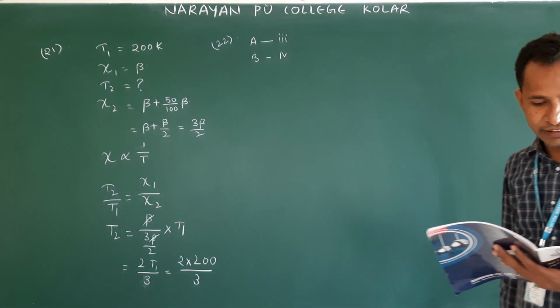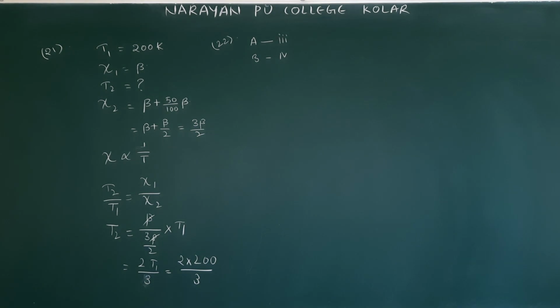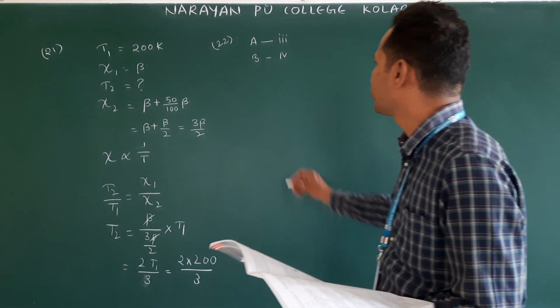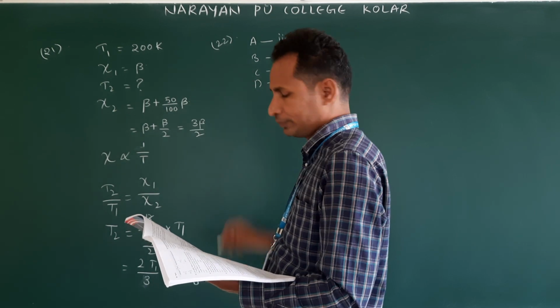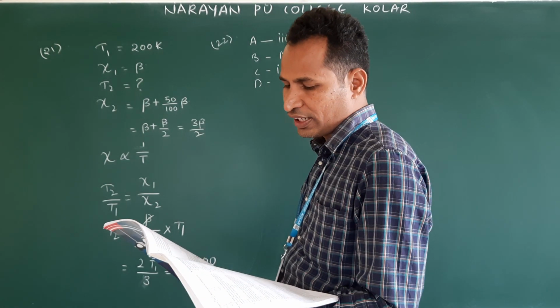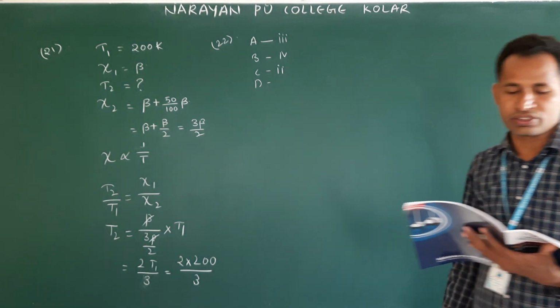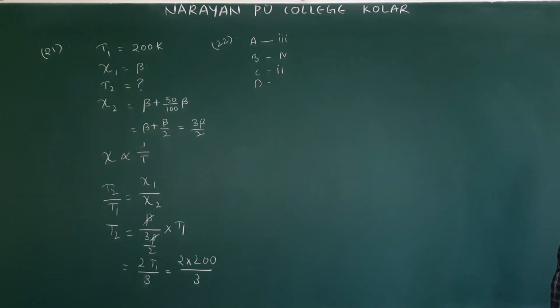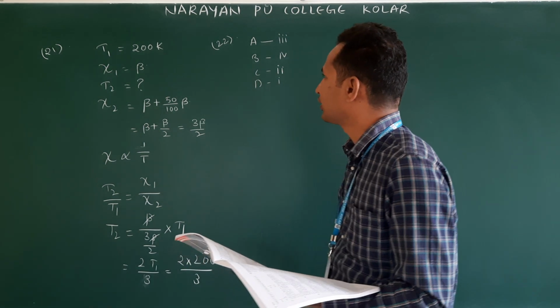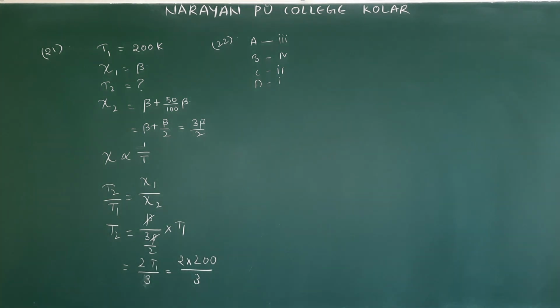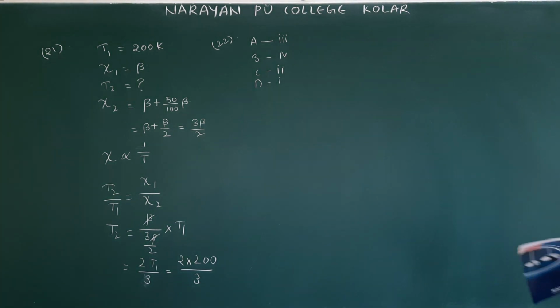Next, permeability, mu naught into 1 plus susceptibility, this is 2. Next, D. What is Curie's law? Curie's law is susceptibility equal to C into mu naught by T. So A3, B4, C2 and D1. Select the option. Okay, that is the first option.